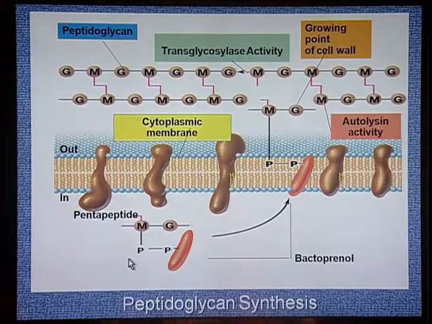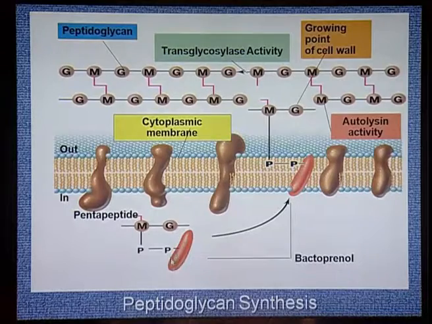That happens by the precursor molecule. A precursor molecule is a pentapeptide attached to N-acetylmuramic acid. N-acetylglucosamine then attaches to this muramic acid and pentapeptide, giving rise to a precursor molecule. Now, this precursor molecule attaches to a carrier known as bactoprenol.